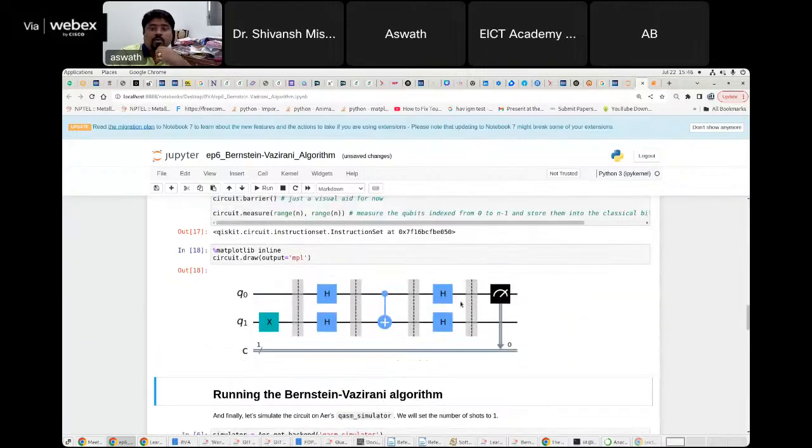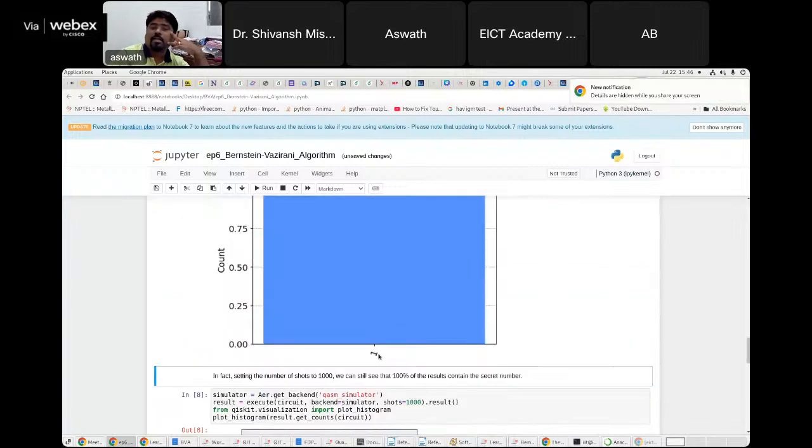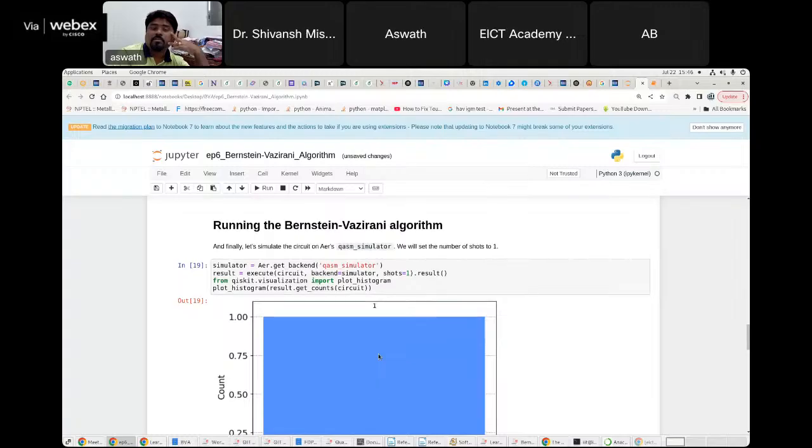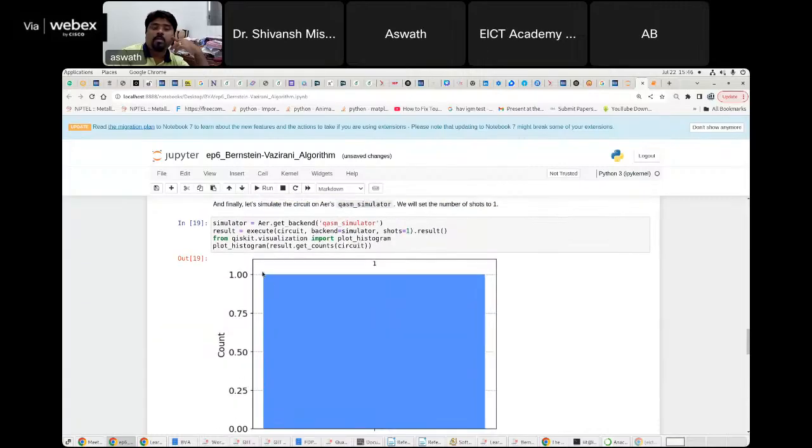If you make a measurement at this point, you would get exactly 1. There are 2 possibilities, S can be 0 or 1. So S is coming out to be 1 with how much probability? 100% probability, with 100% count.